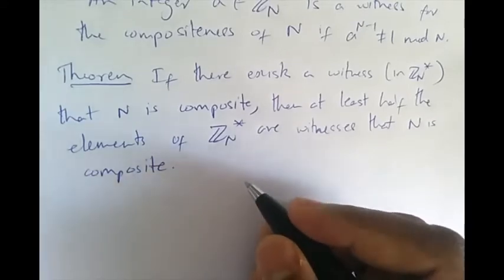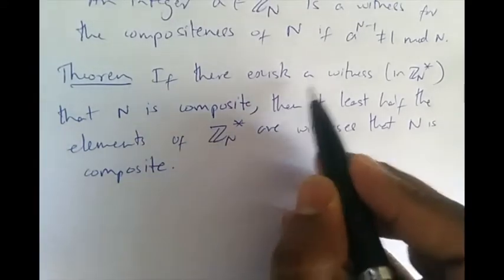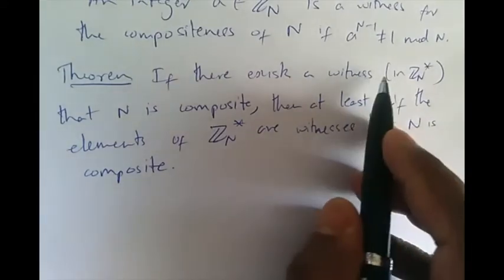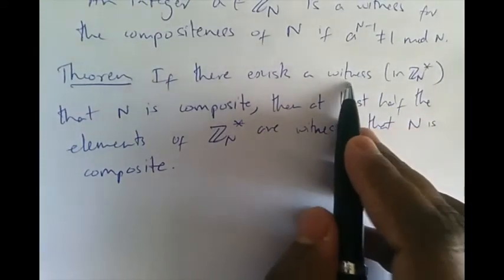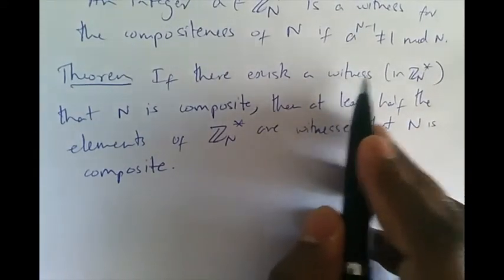So now, what is the strategy then? If somehow we get lucky, we don't even need to know what this witness is.